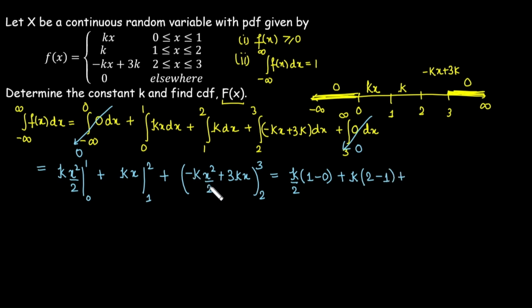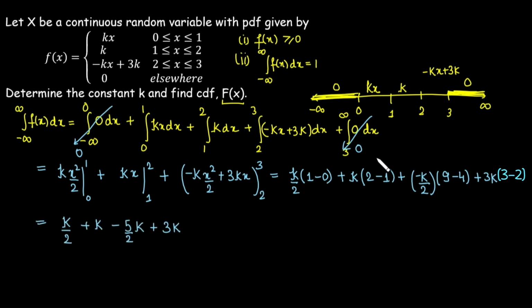Plus, here minus k by 2 is constant: upper limit 3 square, 9, minus lower limit, 4. Plus 3k is constant: upper limit that is 3 minus lower limit that is 2. Simplify this and you will get k by 2 here, here it is k, here minus 5k by 2, then 3k. This is further equal to 2k.